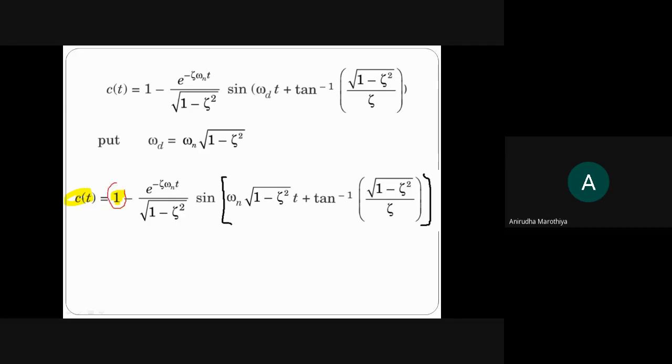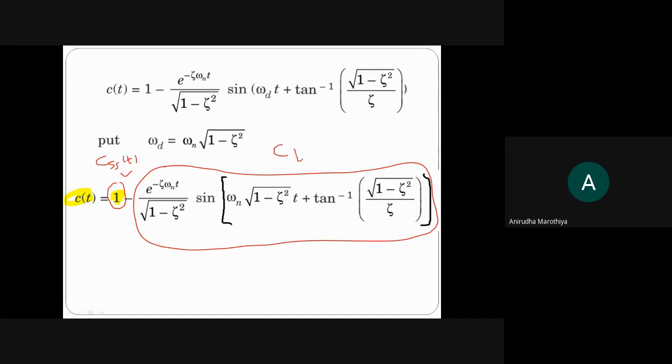So this one indicates your steady state response. CSS of t is nothing but your 1. So total response में से 1 indicate कर रहा है आपका steady state response. So जो बचा हुआ रहेगा, this entire term will indicate your transient response indicated by symbol CT of t. Are you getting my point?